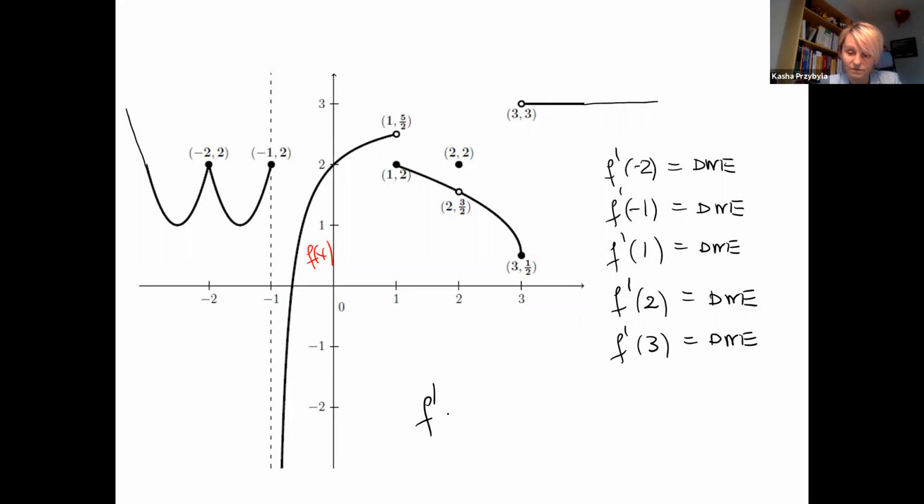Derivative, let's say at 0. Derivative at 0 and derivative at 2.5. Which number is greater? Can you tell me?